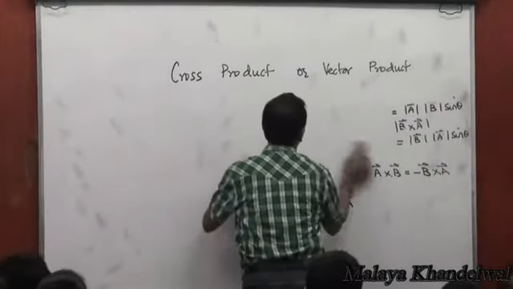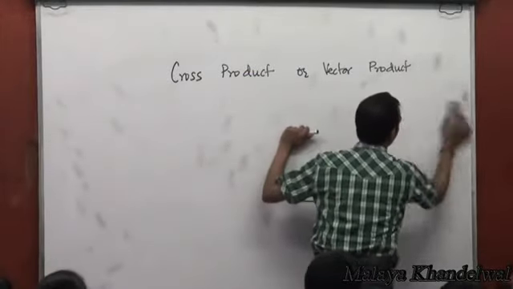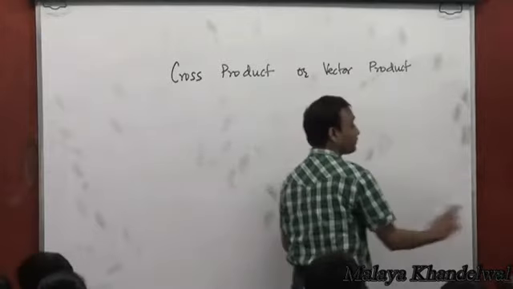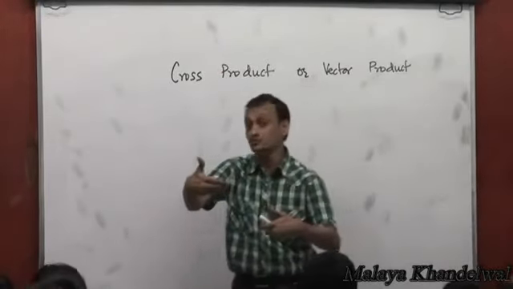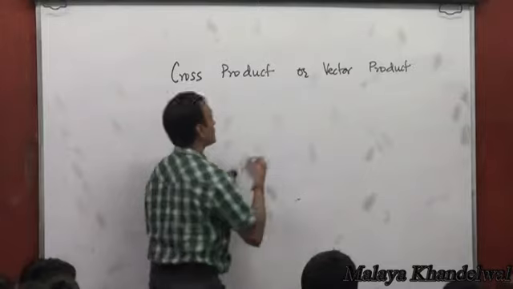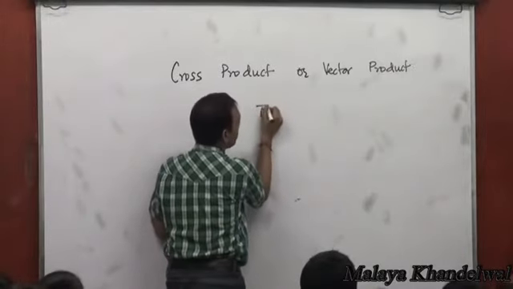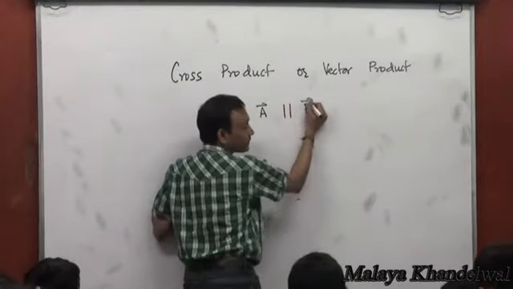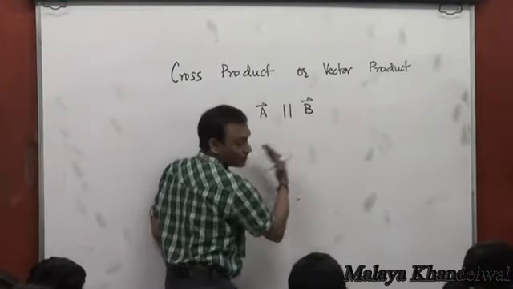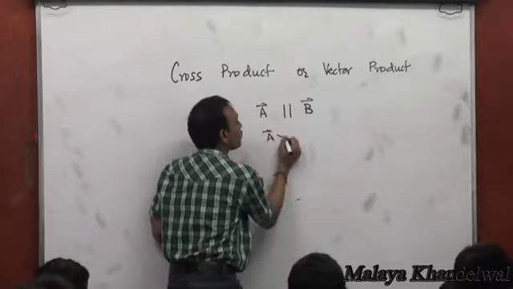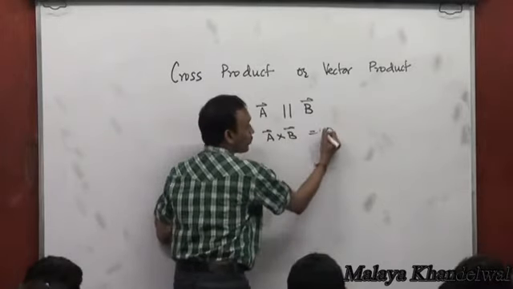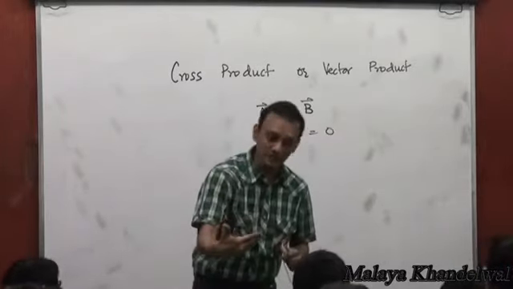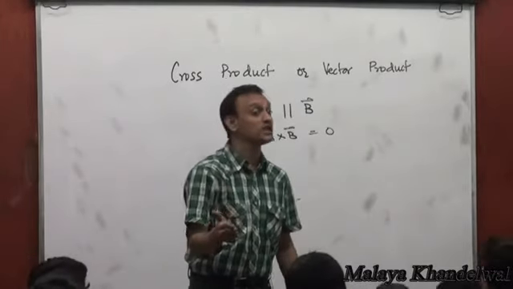Now, obviously, if two vectors are parallel to each other or anti-parallel, say there is a vector A and there is a vector B parallel to A, they are parallel to each other. Now, A cross B for these vectors would be 0. Why? Sine 0 is 0. The angle between these two vectors is 0.